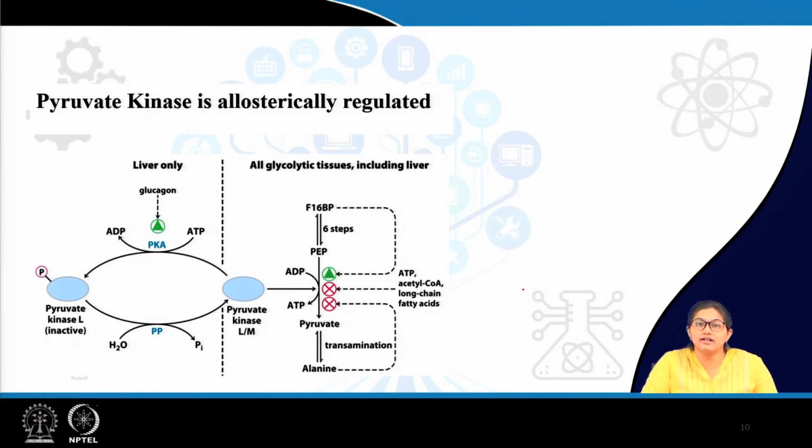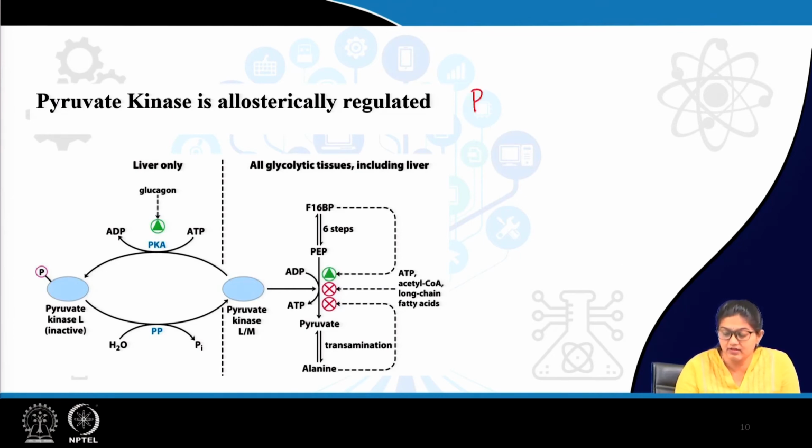Next is pyruvate kinase. Now, pyruvate kinase enzyme has different isoforms. Again, to remind, pyruvate kinase converts phosphoenolpyruvate to pyruvate.